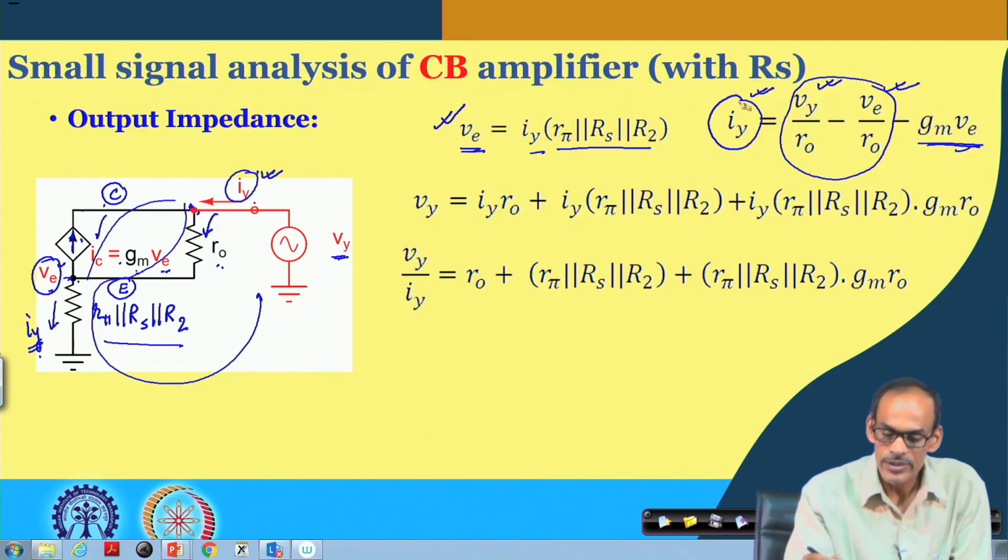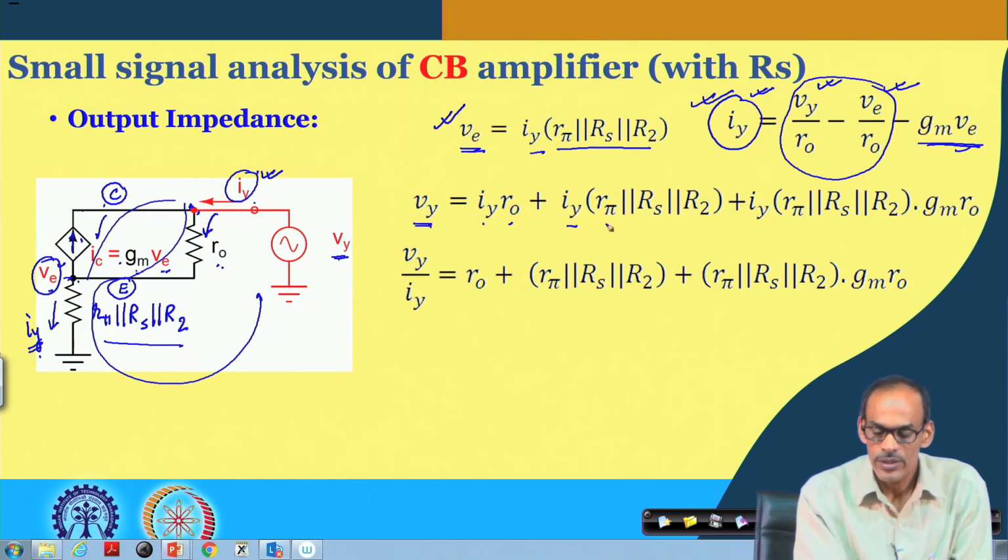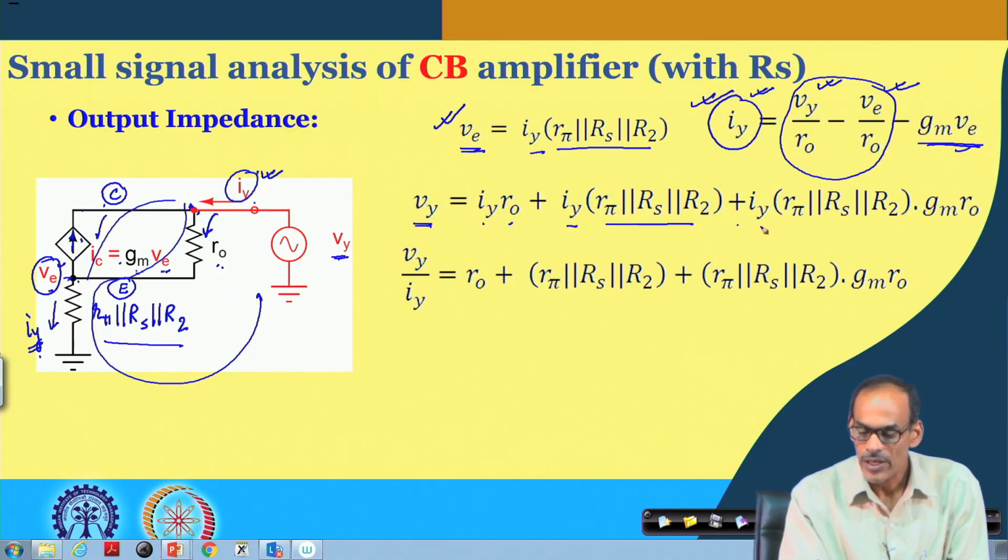If I combine these two equations, we get V y equals I y into R o plus I y into the total resistance plus I y into the total resistance multiplied by G m into R o.